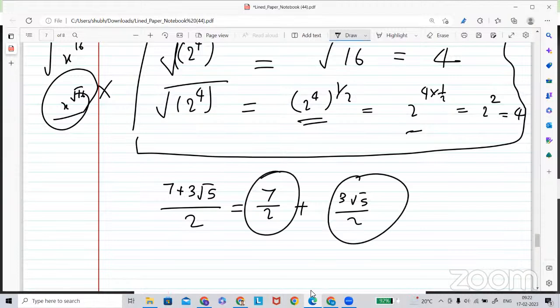You can do it like this. It is already known that this is rational, and this is rational multiplied with the irrational. Yes, sir.